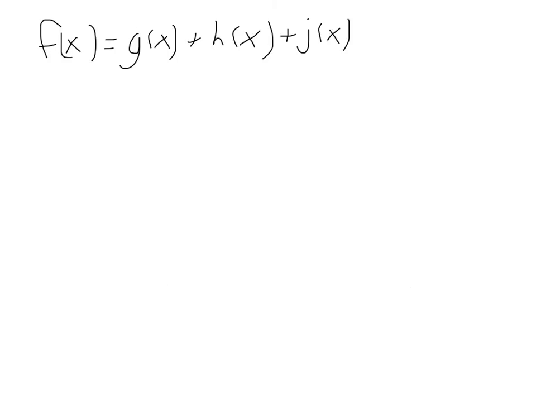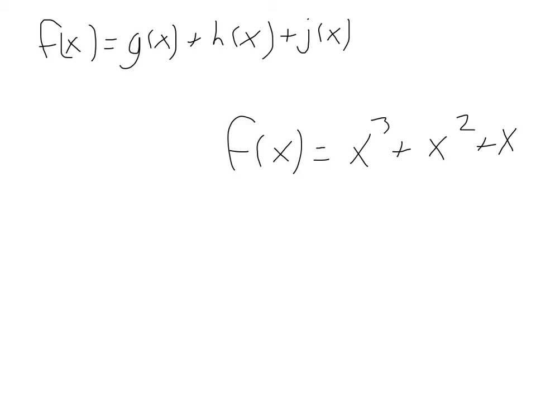So what happens if you have a bunch of equations just added to each other? For example, how we write that in function notation is f of x equals g of x plus h of x plus j of x. That could be f of x equals x cubed plus x squared plus x. Those are all functions, and they're just added together.